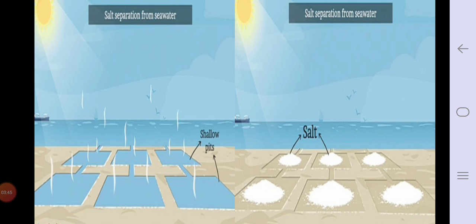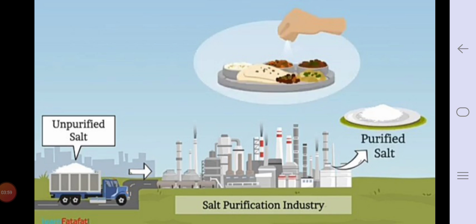You can see in another picture how salt is produced through the evaporation method. In a few days the water evaporates completely, leaving behind the solid salts. Common salt is then obtained from the mixture of salts by further purification. Whatever salt we eat in our food has been purified before it comes to us.